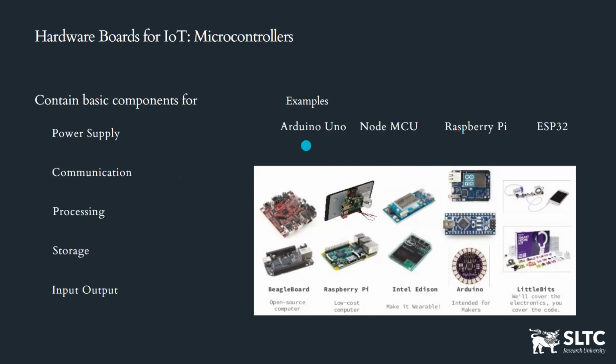Arduino Uno is a popular microcontroller board, and Node MCU is another one. Raspberry Pi is also very popular. Then we have ESP32. We can talk about all these things in the next slides.